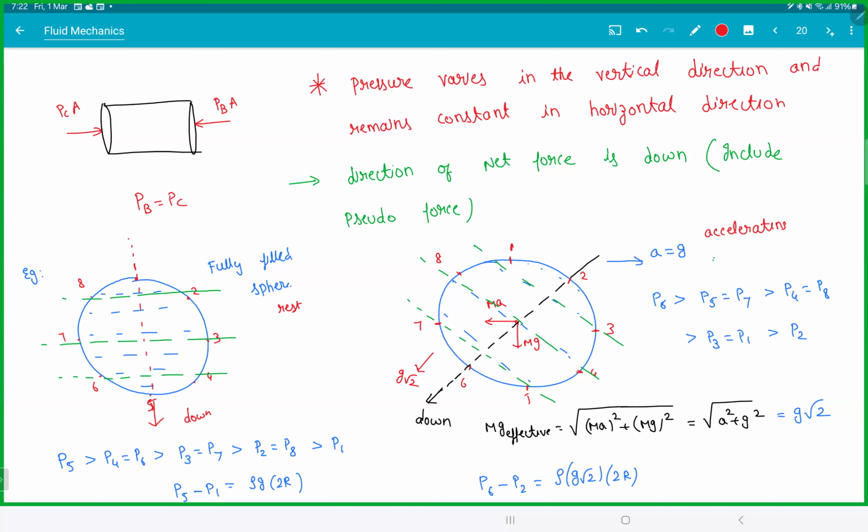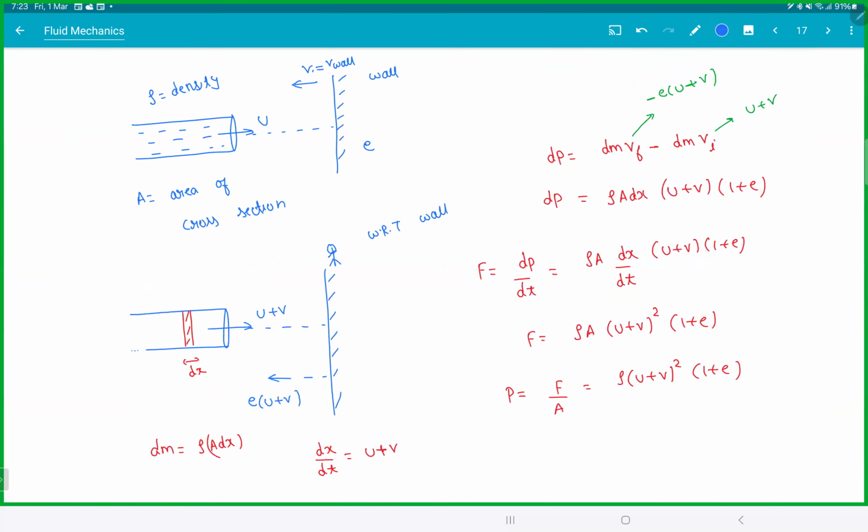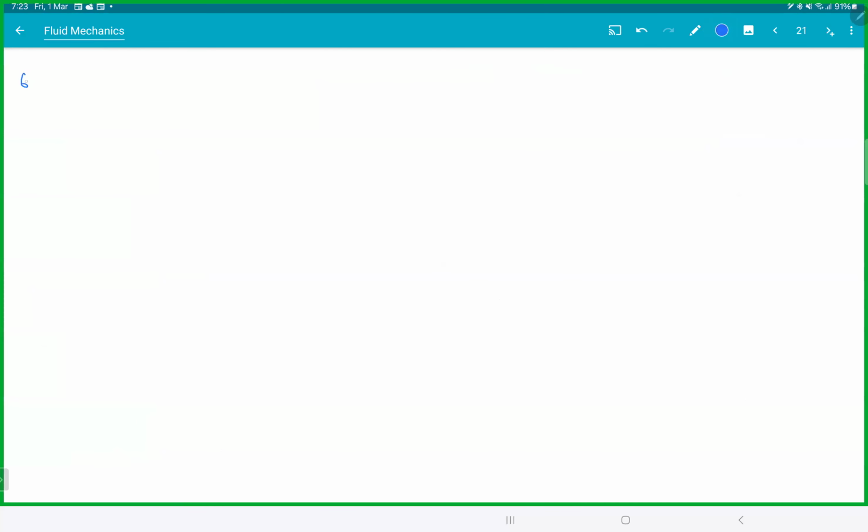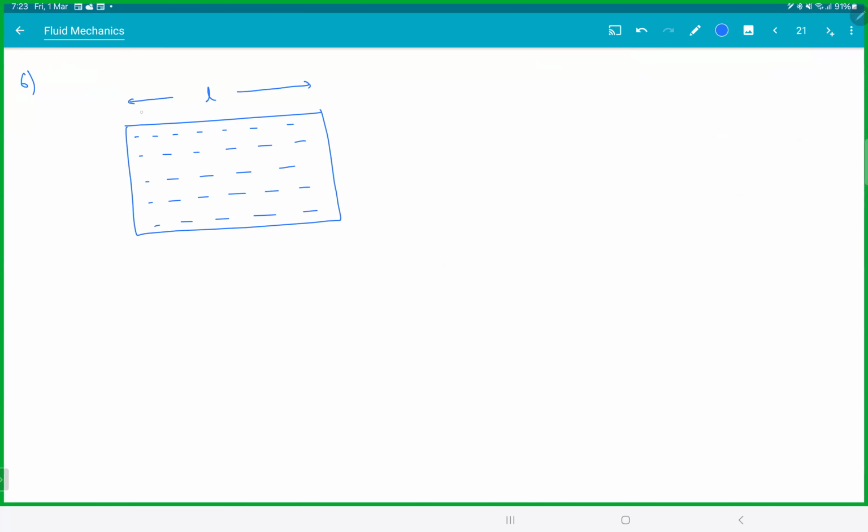Let's see a question. We have a fully filled container. This is L and this is H. The container accelerates horizontally.